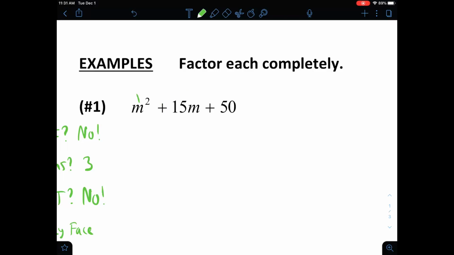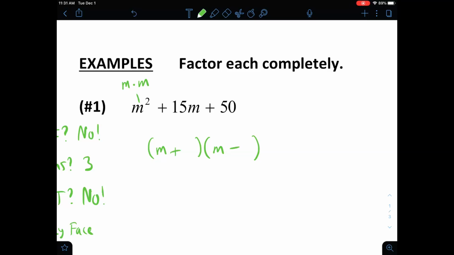So what multiplies to m squared? What are the only ways we can multiply to get m squared? Well, we can only multiply m by m. Factors are what multiply to that thing. So automatically we're going to have m and m at the very beginning of our parentheses. We know those have to go there because those are the only factors of m squared.